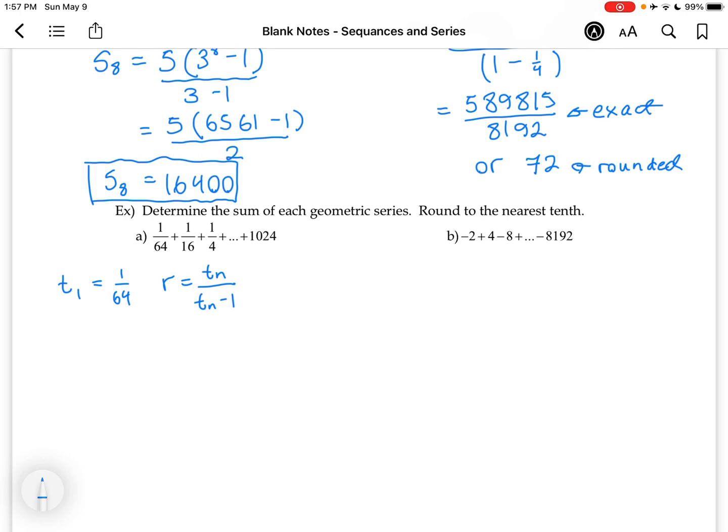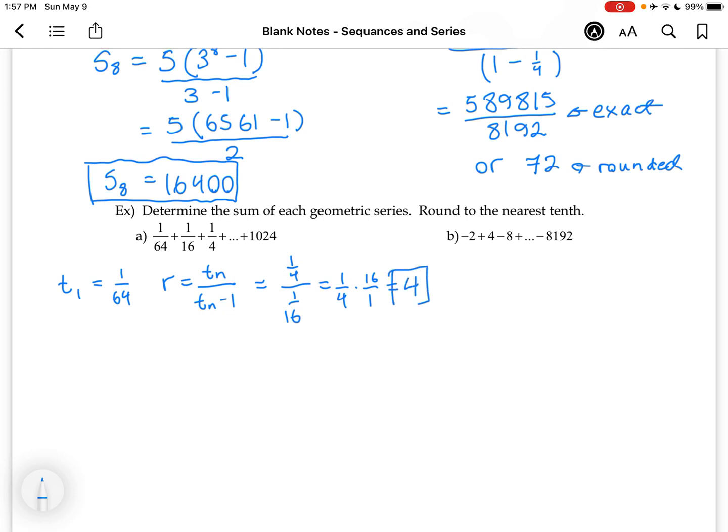So I could take any two terms. You could go a quarter divided by 1/16, or 1/16 divided by 1 over 64. It doesn't matter, right? Maybe I'll go 1 over 4 divided by 1 over 16. Okay, and then that's just like multiply by the reciprocal. 1 over 4 times 16 over 1. That's 16 over 4 is 4.